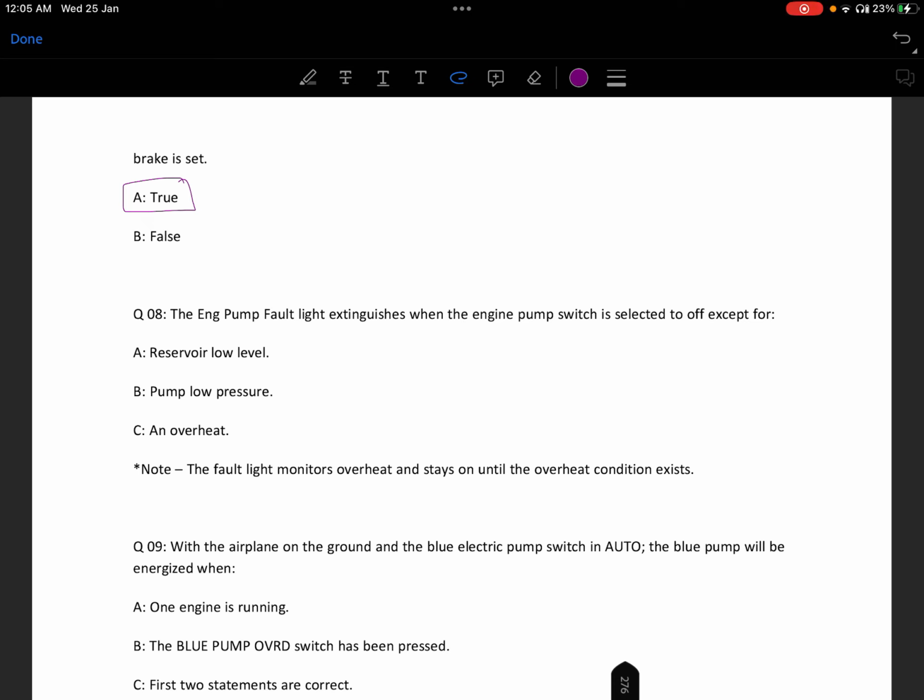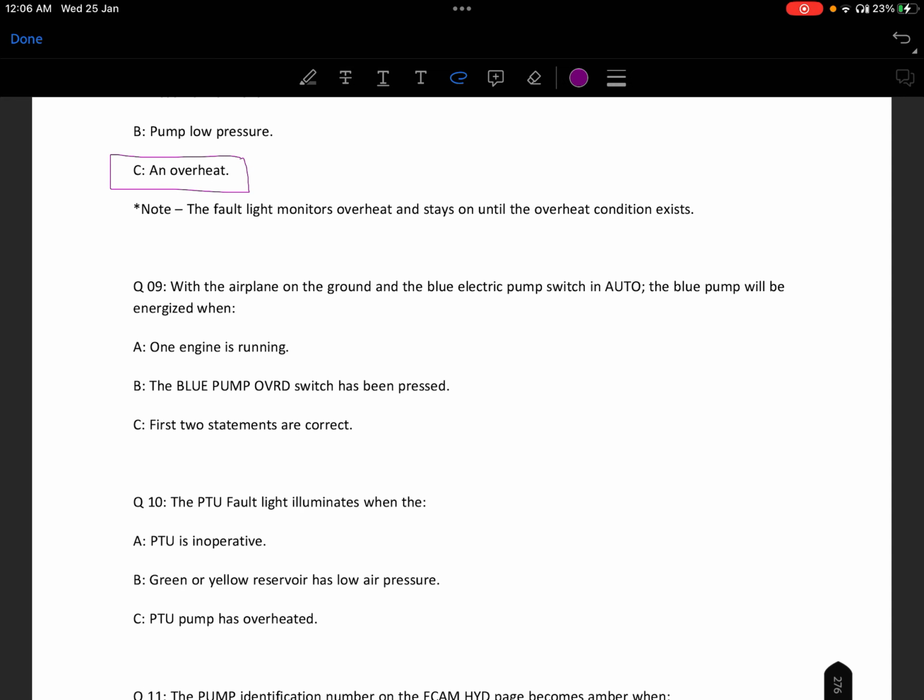But in case of overheat, it remains illuminated as long as the condition remains, like until the temperature is, I think, 93 degrees Celsius. Whenever the fluid temperature is above 93 degrees Celsius, this fault light comes on because of high temperature, right?